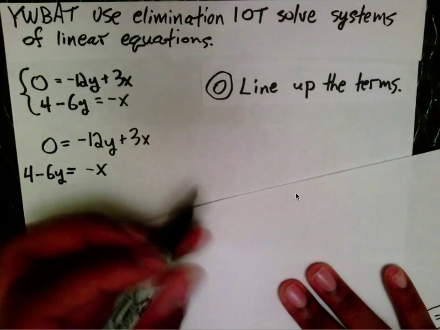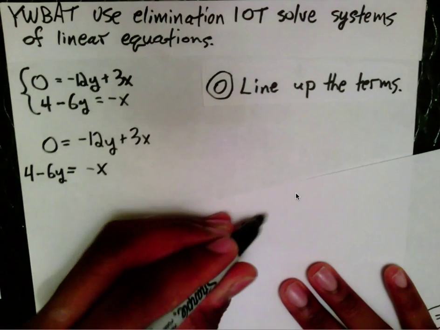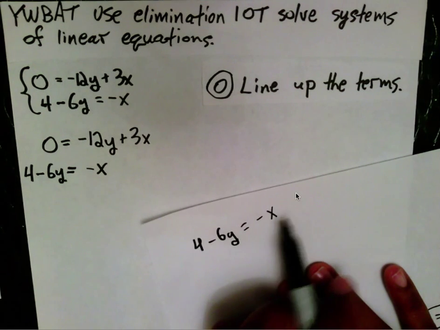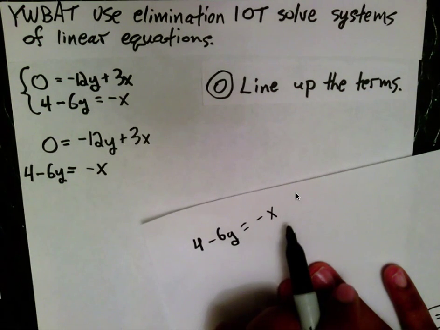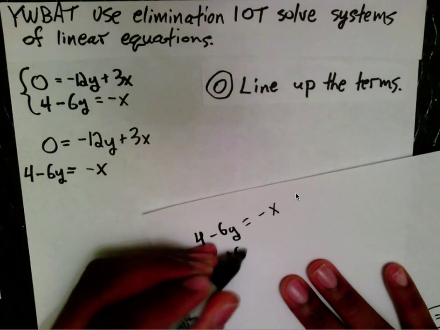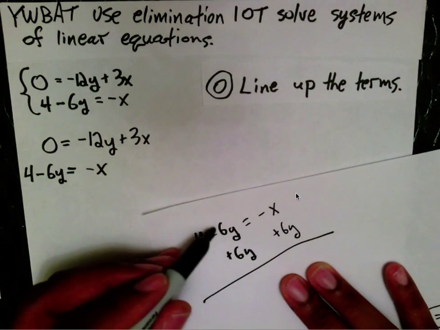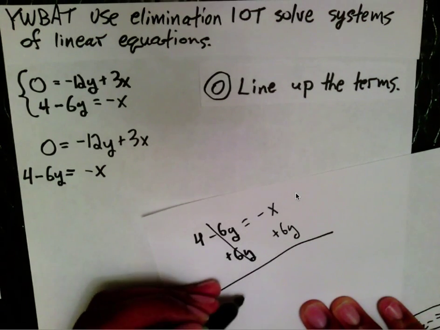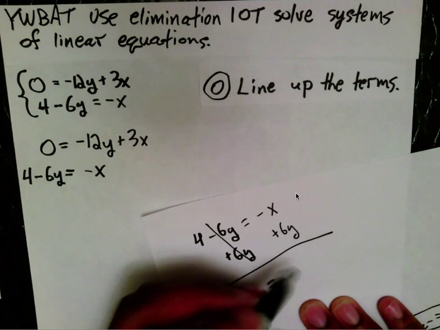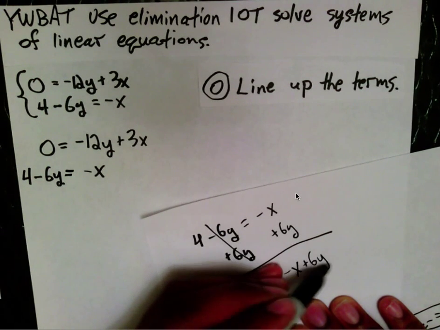So let's say I'm starting with 4 minus 6y equals negative x. I want to bring this 6y over. If I want to bring it across that equal sign, that means I need to add 6y to both sides. So plus 6y, plus 6y. These will cancel, and now I'm left with 4 equals negative x plus 6y.